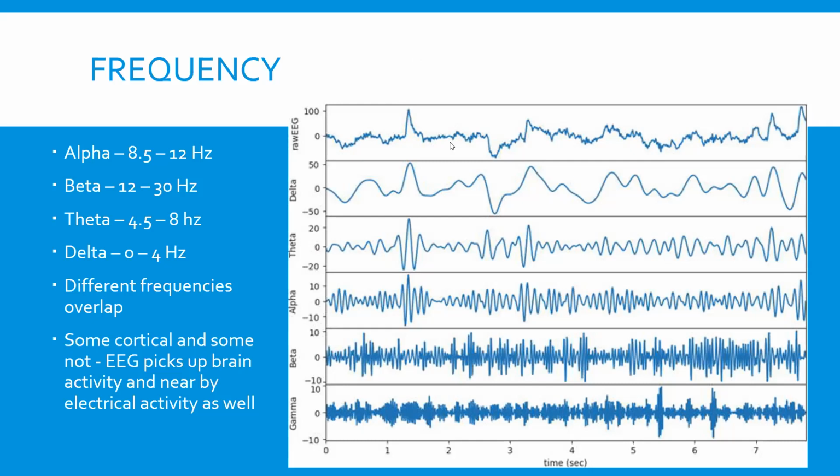Okay, I see there's another question. The question is about raw EEG, right? Raw EEG is just ultimately what's collected by the receiver. What this diagram is showing you is another important concept, which is that all of the different frequencies can be combined together.